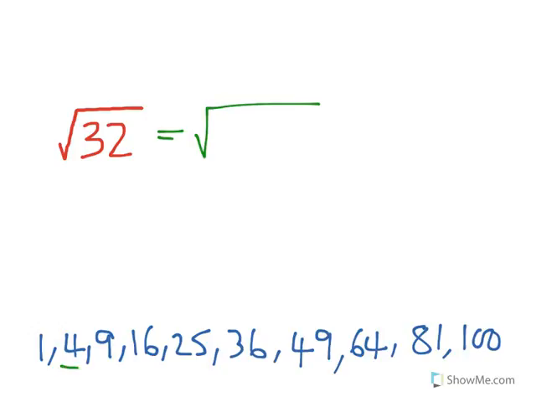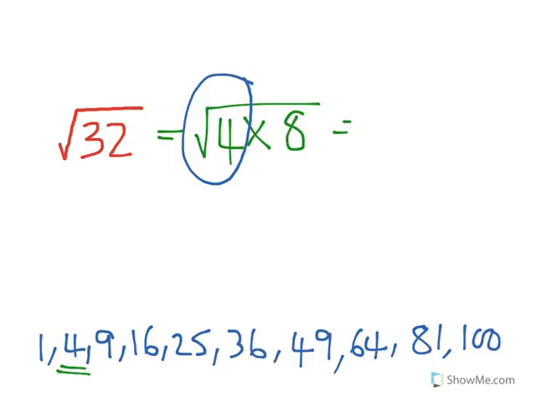So let's say 4. 4 does go into 32, and that is a square number. Now 4 times by 8 gives me 32. And I can actually square root the 4 because that gives me 2. So that no longer needs to be under the square root, and the 8 remains under the square root sign.